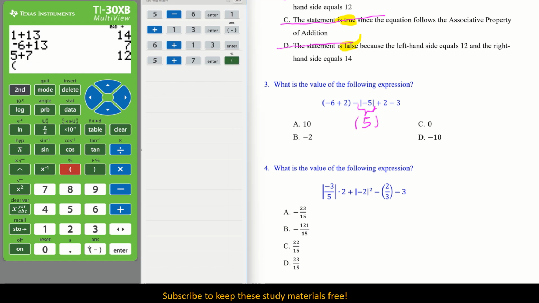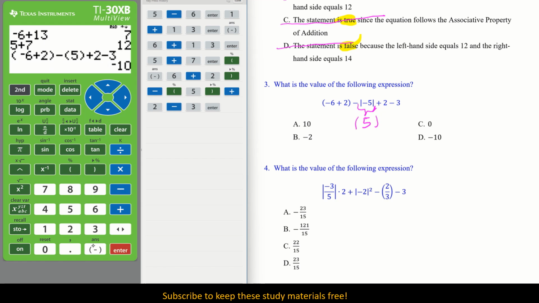Okay, so you have parentheses, negative 6 plus 2, close the parentheses, minus parentheses 5 parentheses. I know that seems silly. Do it anyway because you're trying to pass a test. You're not trying to be a genius. I don't care how many degrees you have. Type in what you see, push enter, and the value is negative 10.